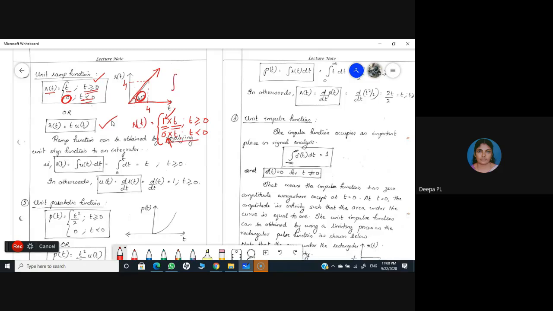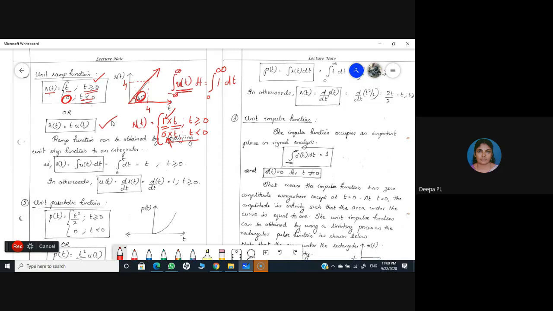So if I'm integrating u of t, the t axis varies from minus infinity to infinity. The integral of u of t dt will be equal to the integral from 0 to infinity of 1 into dt, because u of t is defined for positive values of t as equal to 1, and for negative values it is equal to 0.